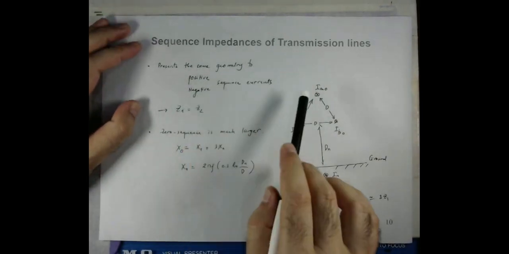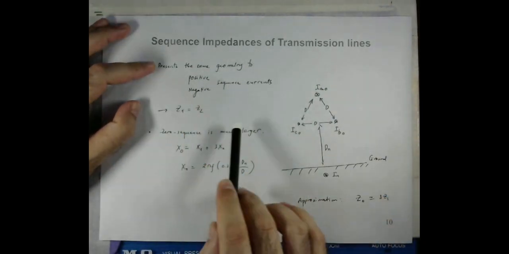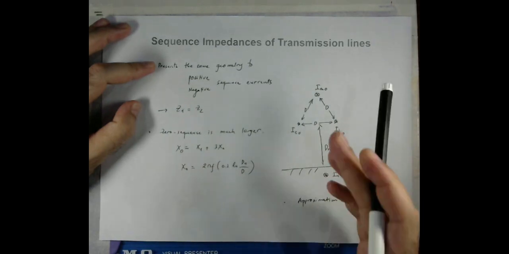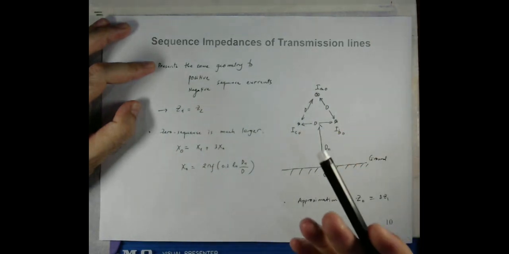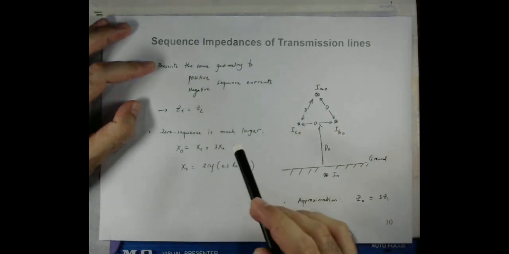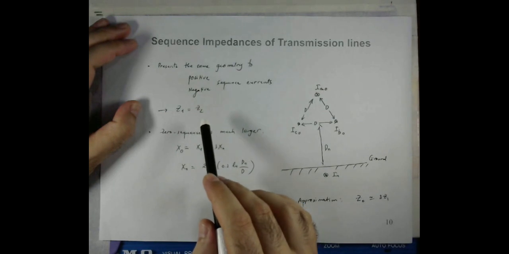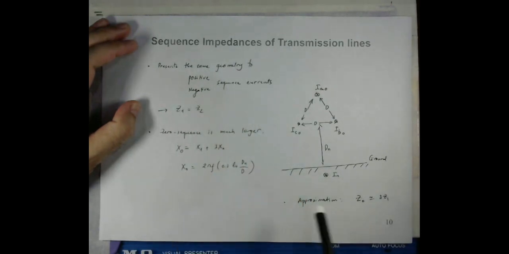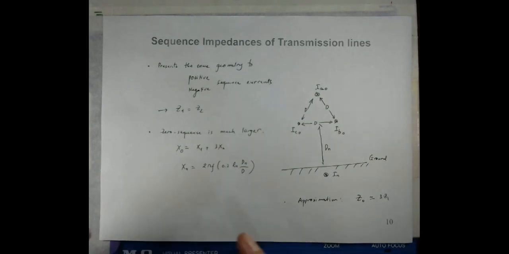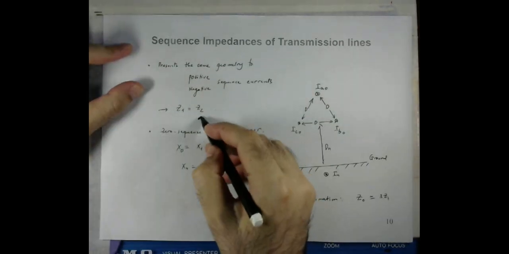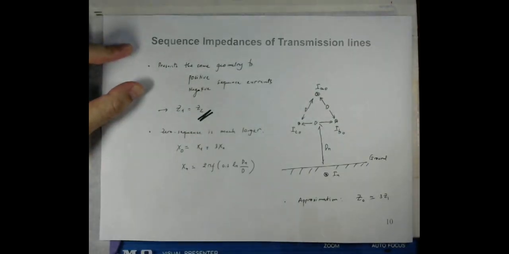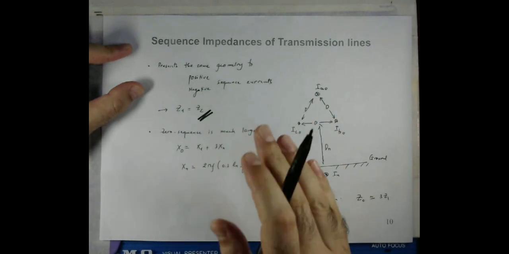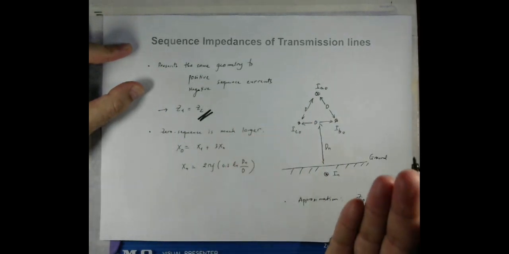So it is mentioned here that the arrangement or the geometry remains the same whether we have positive sequence current or negative sequence current. So the geometry remains the same. So that's why positive and negative sequence impedances are also the same. So the same geometry is offered to the positive and negative sequence current.